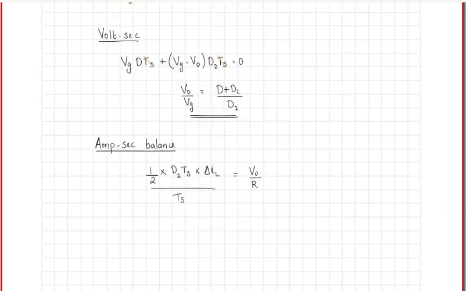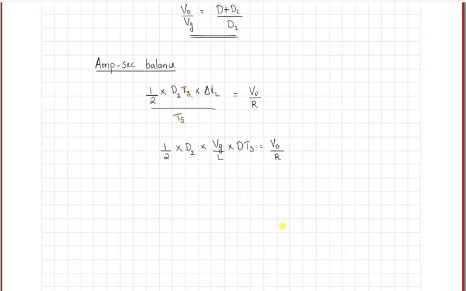So what we then get is TS cancels out, so what we obtain is half into D2 TS into delta IL. So we can replace delta IL with the expression that we have derived. So delta IL is simply Vg by L times dTs, and this should be equal to V0 by R. So this Ts has cancelled out.